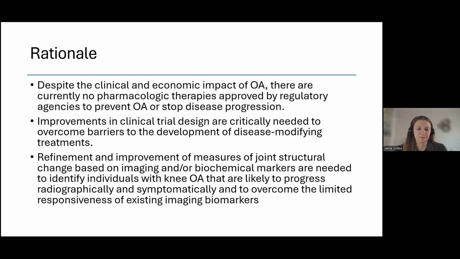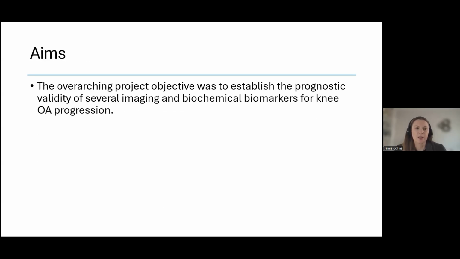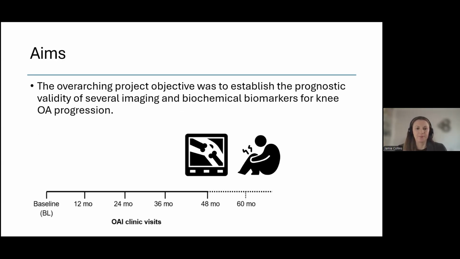biomarkers. So the aim of the OA Biomarkers Consortium Phase 1 study is to establish the prognostic validity of several imaging and biochemical biomarkers for knee OA progression. So we measured knee OA progression at a later stage, at 36 to 60 months from baseline.